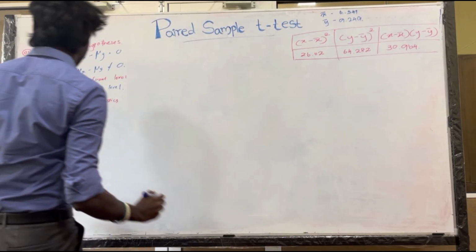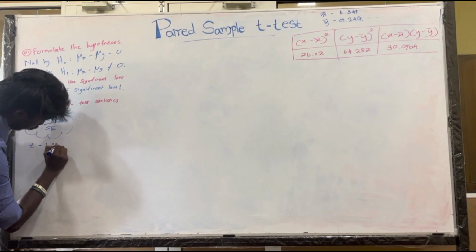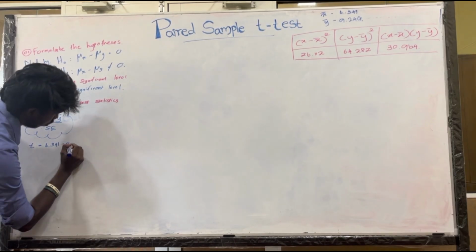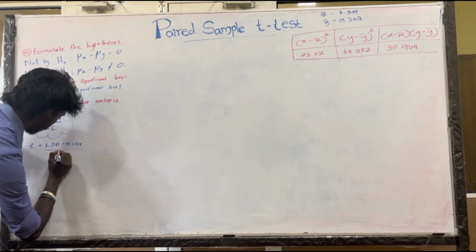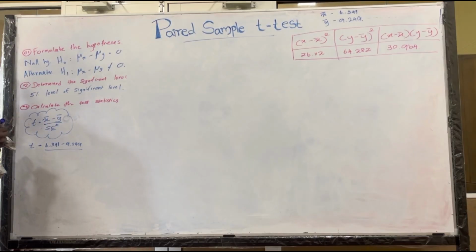So we can apply it: 6.341 minus 9.249 divided by standard error. This one we should calculate.